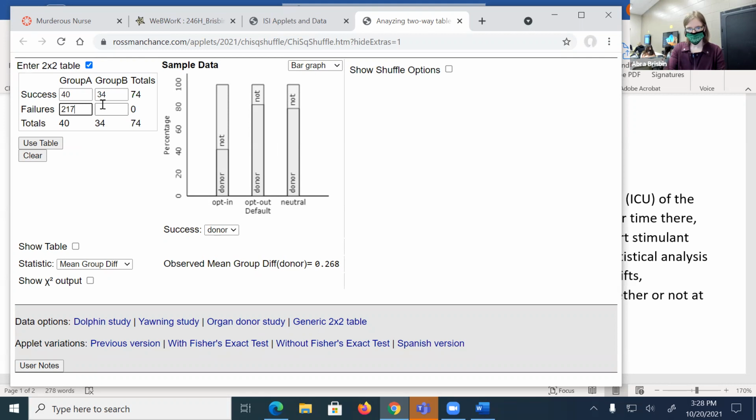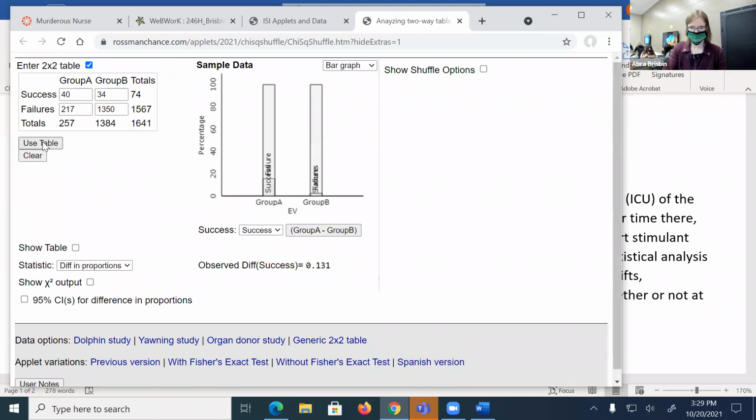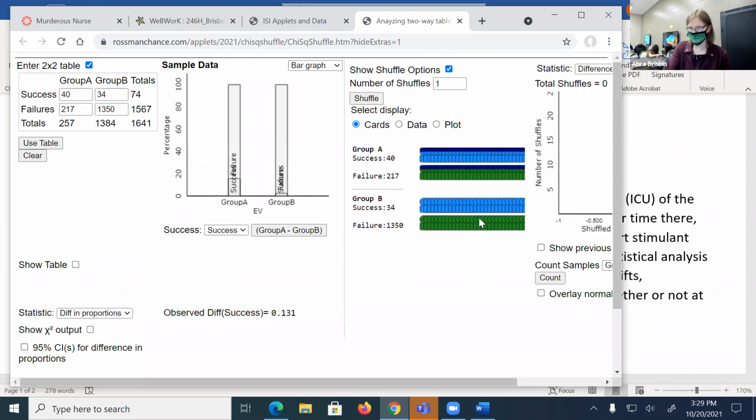When you click show shuffle options, it should show you the options for the cards.